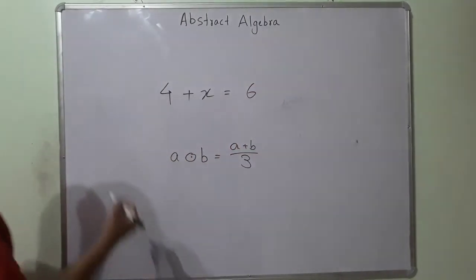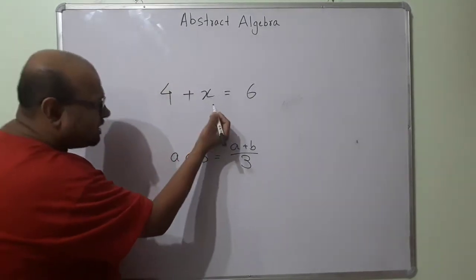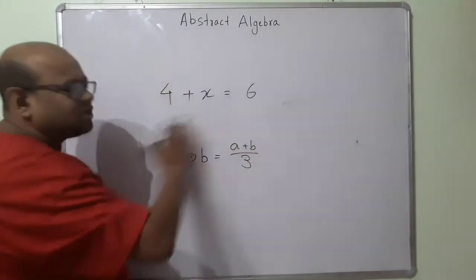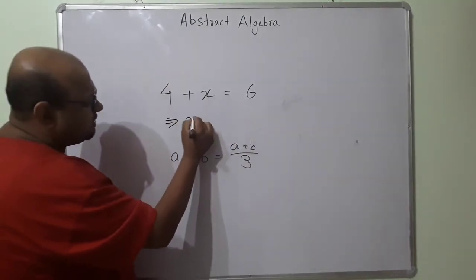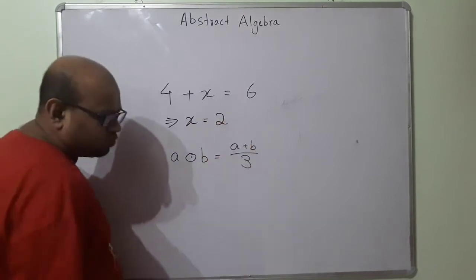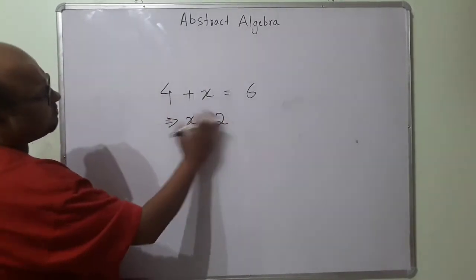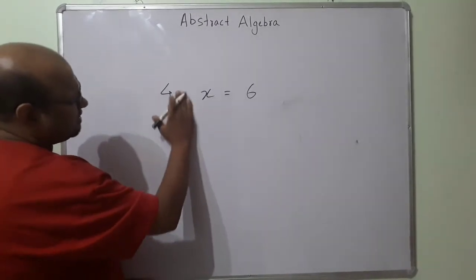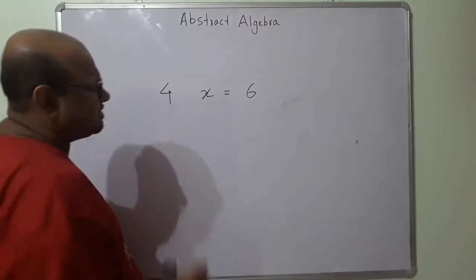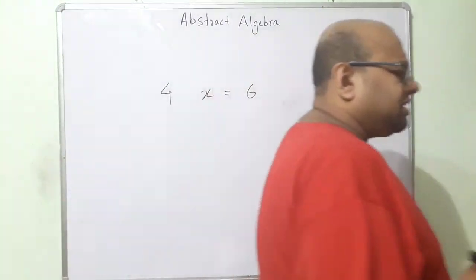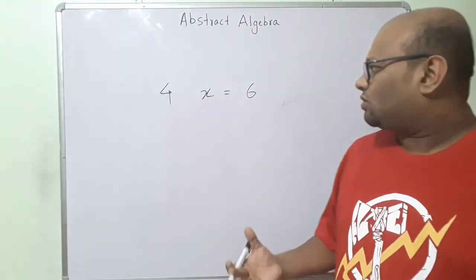What will be the value of this unknown such that this equality will hold? I know this equality will hold if x is equal to 2. Similarly, instead of plus, I could have had multiplication, division, or subtraction. Depending on this operation, my x would have a different value.